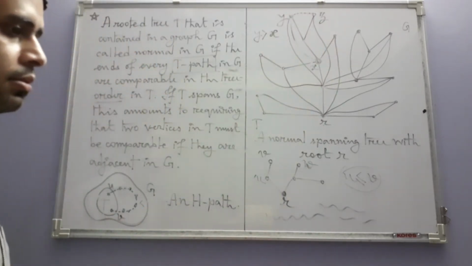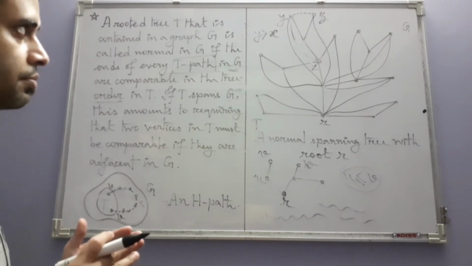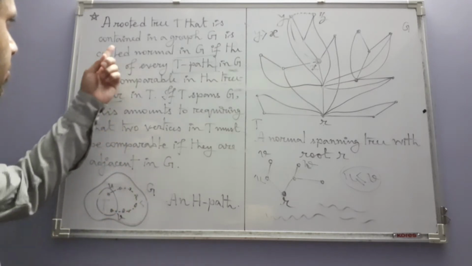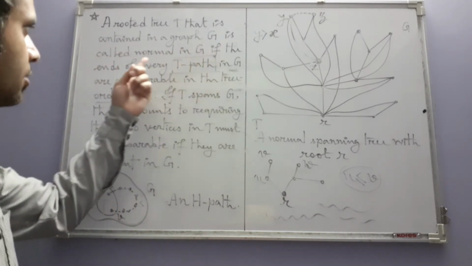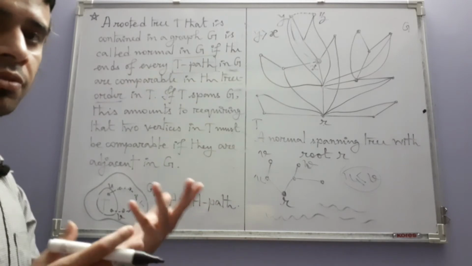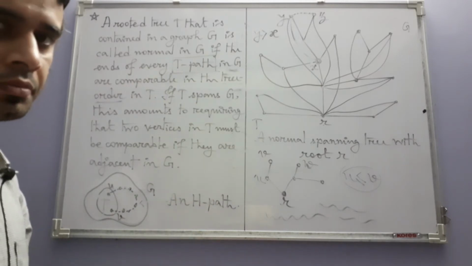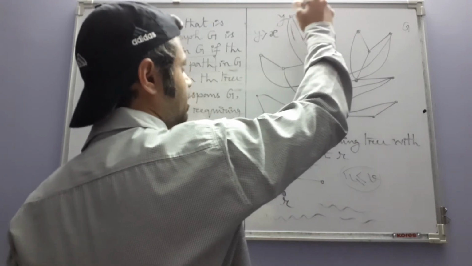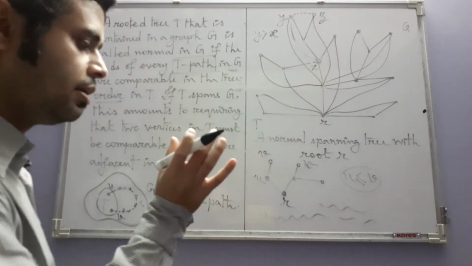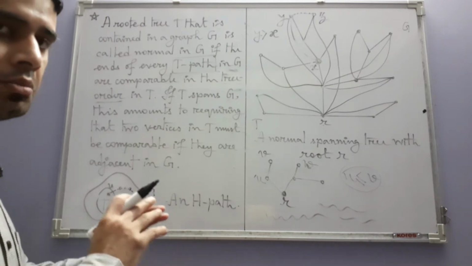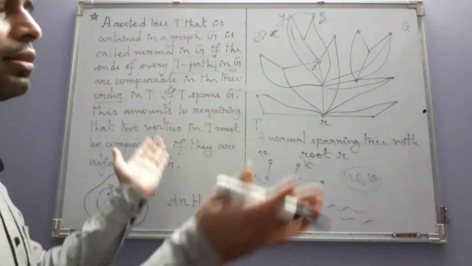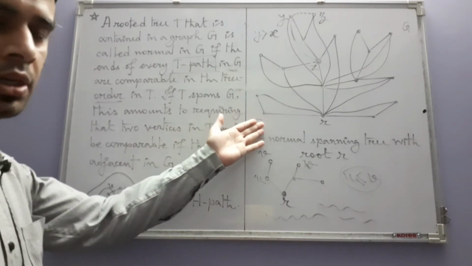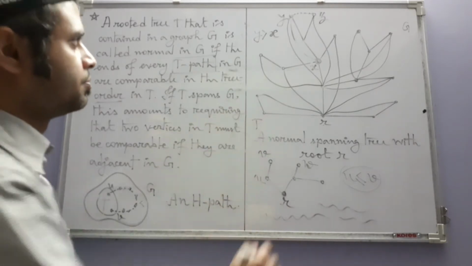Non-comparable points should not have any link between them, because if you find such a link, then in this case that link of course will have only one edge, but in general it may be a path that is not necessarily an edge, specifically when T is not a spanning tree.